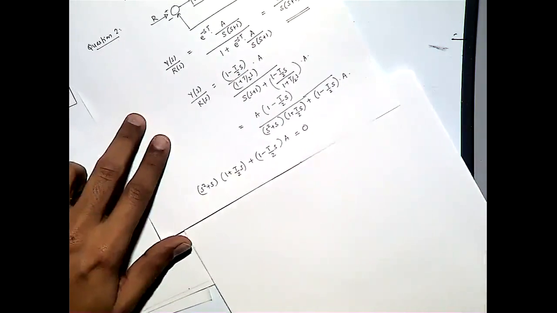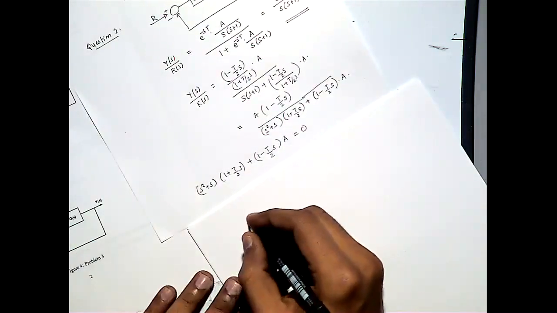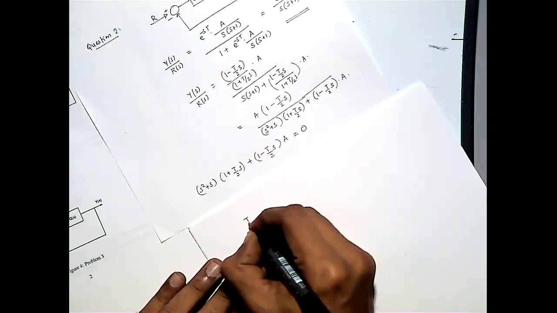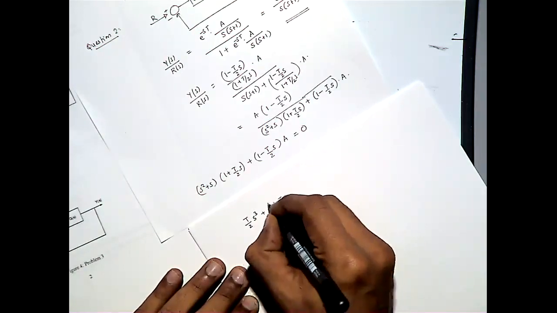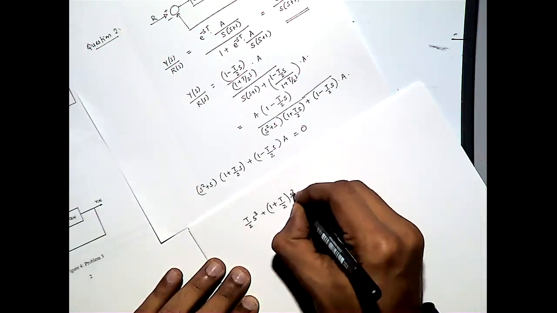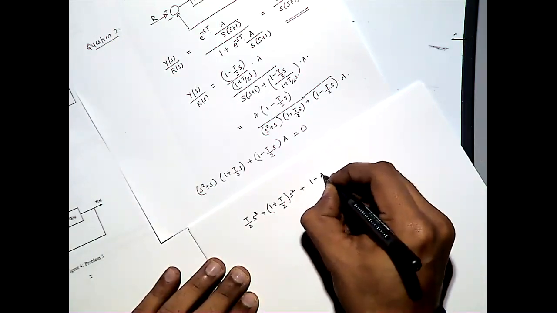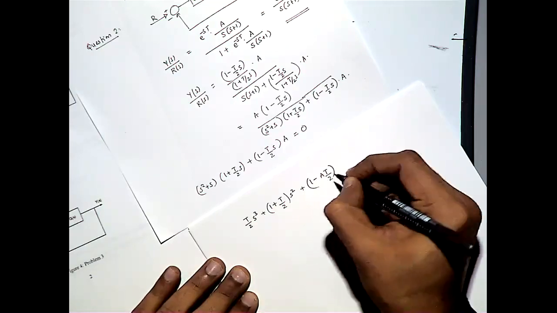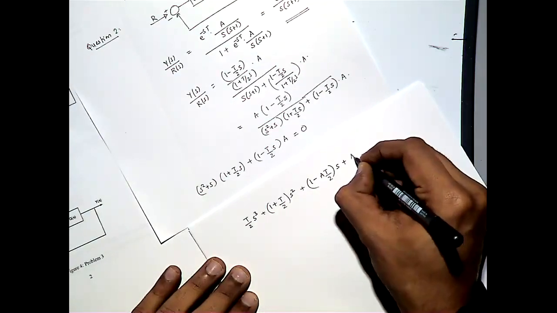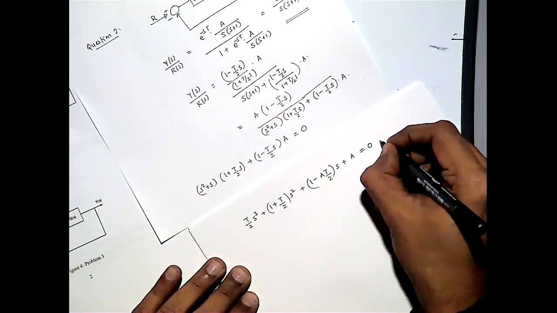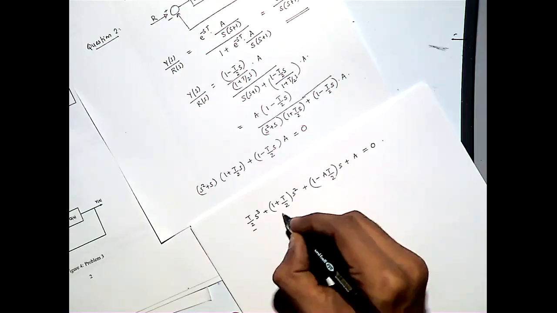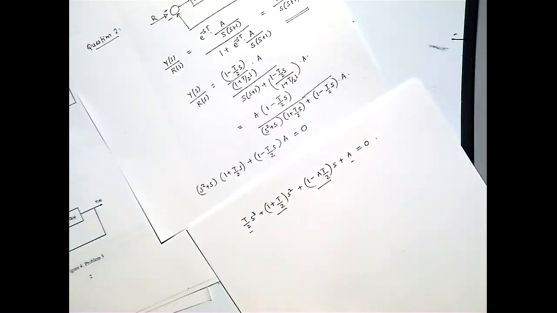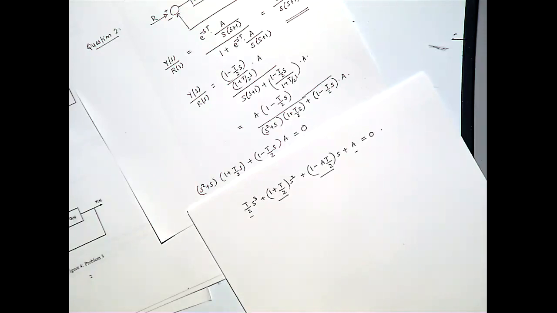We will get a cubic polynomial equation which is given by T/2 s cube plus (1 plus T/2) s square plus (1 minus A T/2) s plus A equal to 0. What I did is I wrote it as a polynomial equation where the coefficients are given by all these terms, a polynomial in s. Make sense?